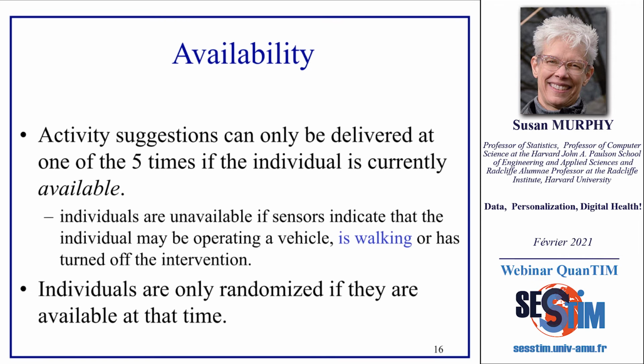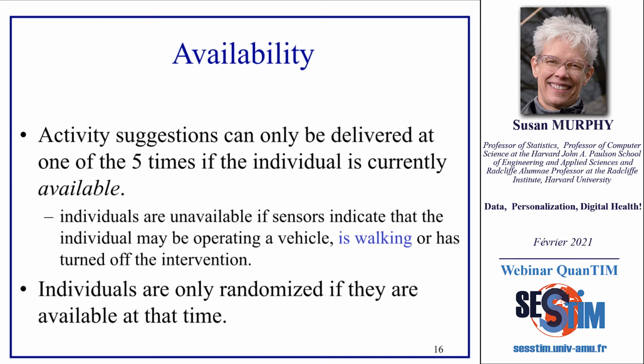So I want to mention that activity suggestions are only delivered at any particular time if the individual is available. And this is a critical aspect here that, for example, if sensors indicated that the individual might be operating a vehicle like a car, then we would not, under any circumstances, deliver an activity suggestion. I have in blue is walking.